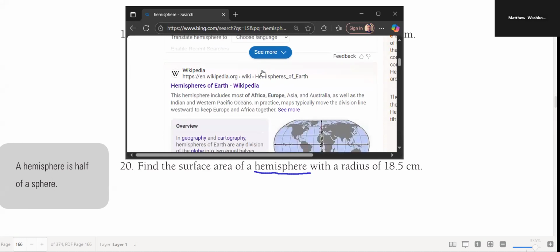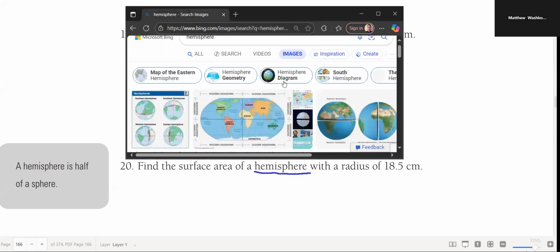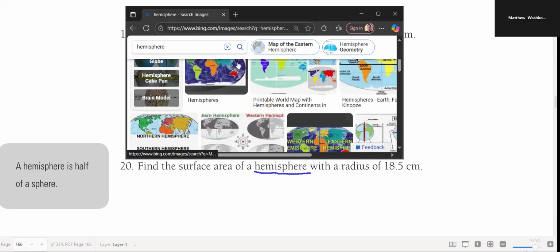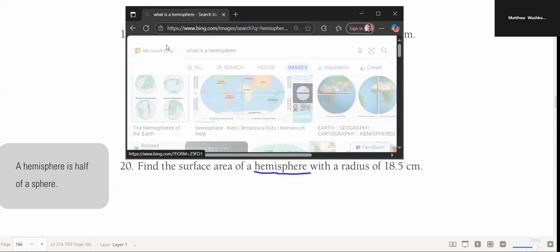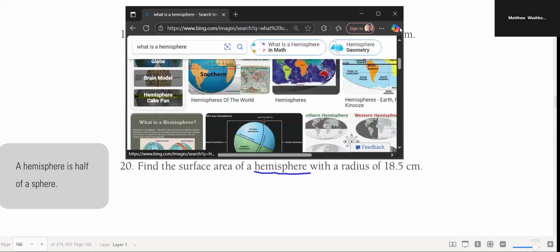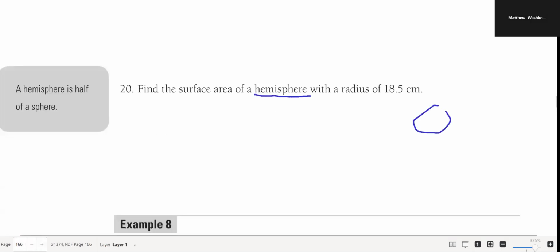A hemisphere is half of a sphere. Which means this is asking you to find the area of a sphere divided by 2. It's asking you to find something like this, but imagine it's 3D.